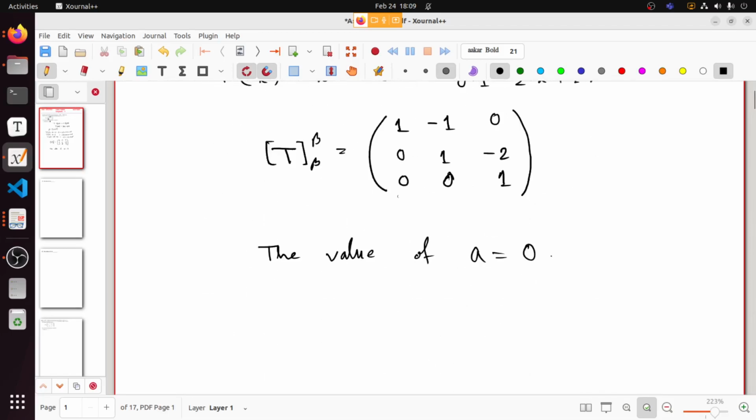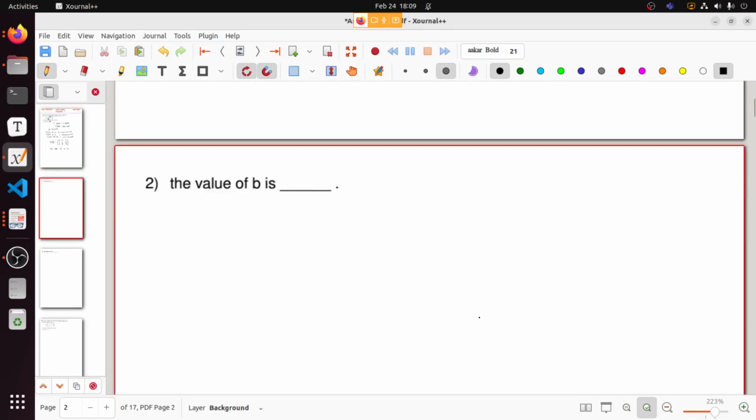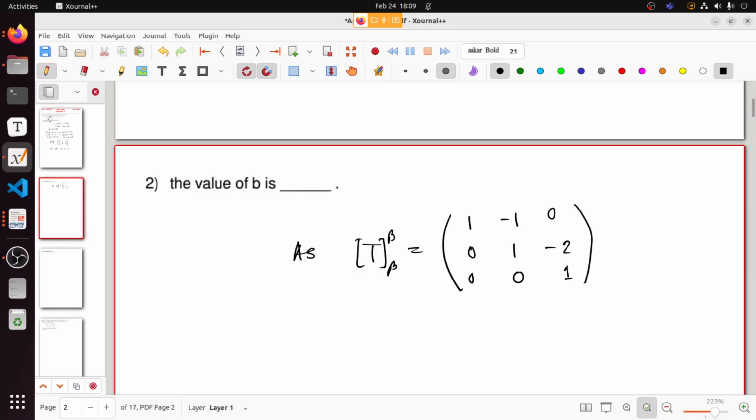Because T is 1 0 0, minus 1 1 0, 0 minus 2 1, and this is minus B. So the value of B is 1. Now question number 2 is also easy.